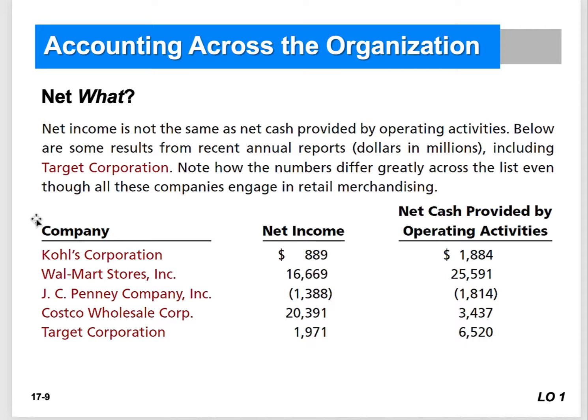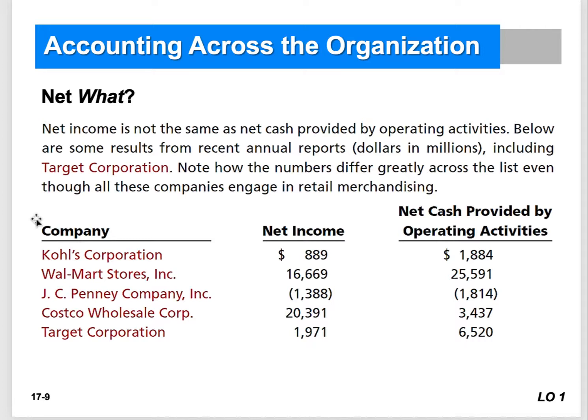So what the author did was they took some annual reports, and we're going to compare and contrast the difference. The numbers are going to differ between what a company has for net income and net cash provided by operating activities, okay? Look at Kohl's Corporation, right? I don't know what year this is. They didn't tell us.